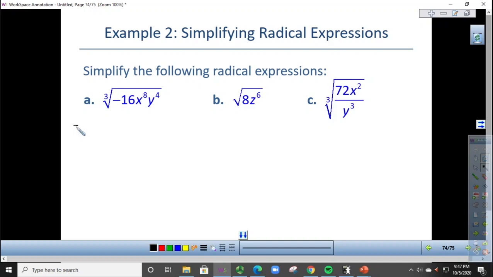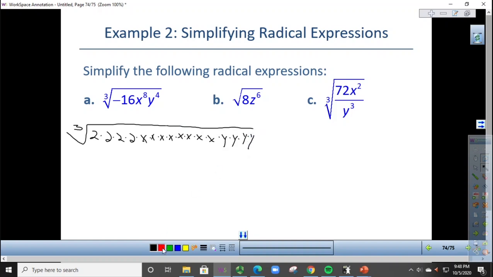So really I have the cube root, and if you think of 16, that's just 2 times 2 times 2 times 2. X to the 8th is just 8 x's, x times x times x times x times x times x times x. You're probably seeing that this can take a while writing it all out, but this is the best way for you to see it.